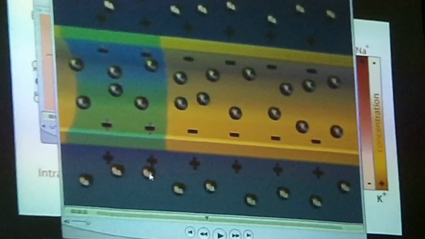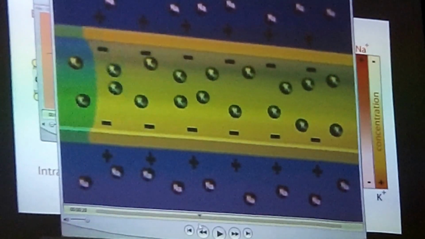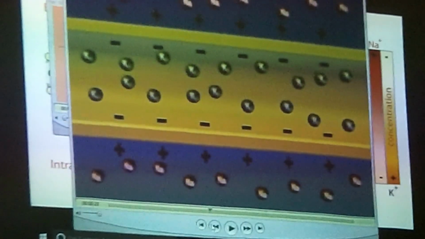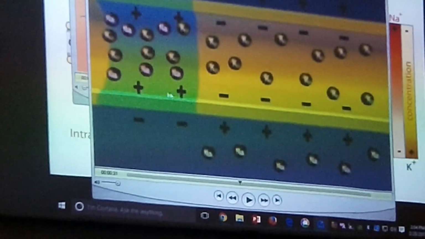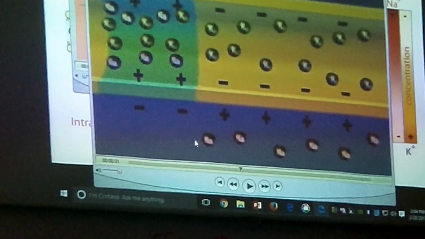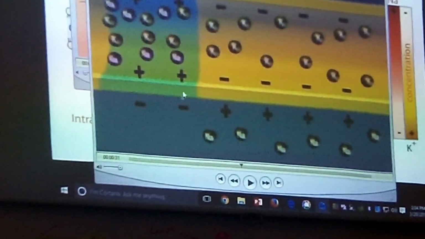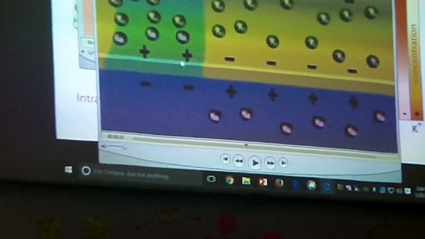And it causes the sodium ions to come in. Watch as this thing arrives, sodium comes in, and it turns positive on the inside. Just for a brief second, the sodiums come in through little doorways that open, and that causes it to be positive on the inside.